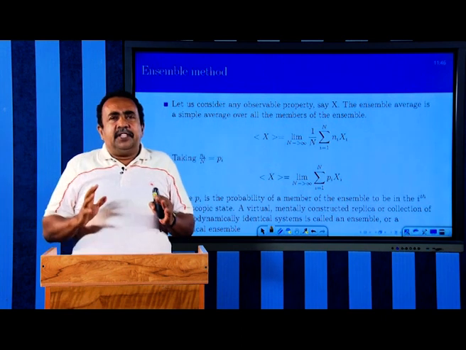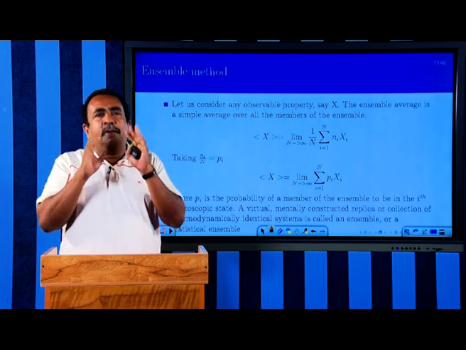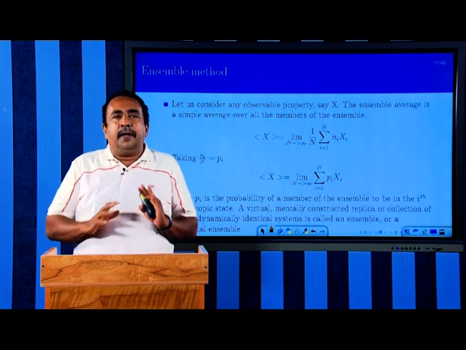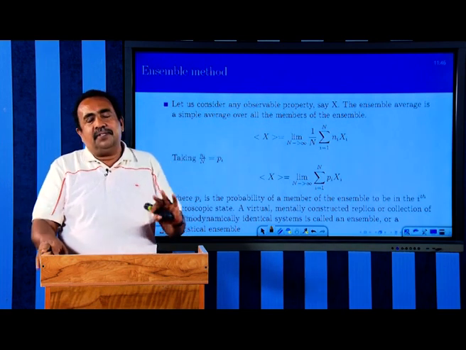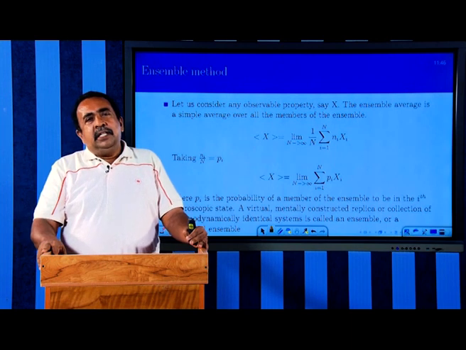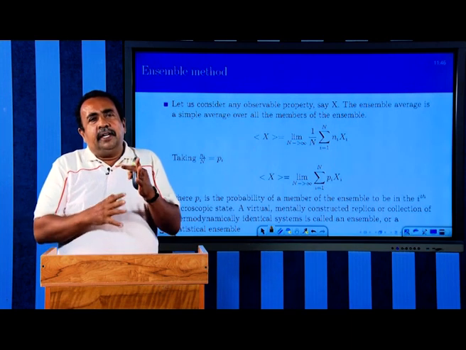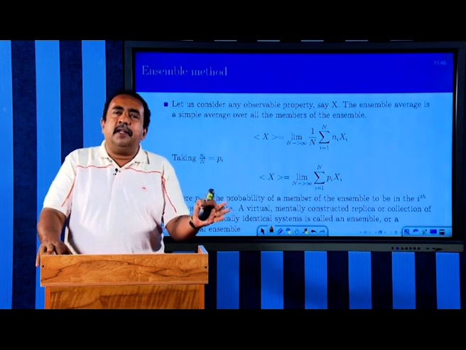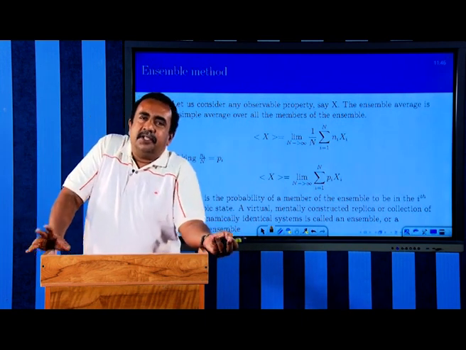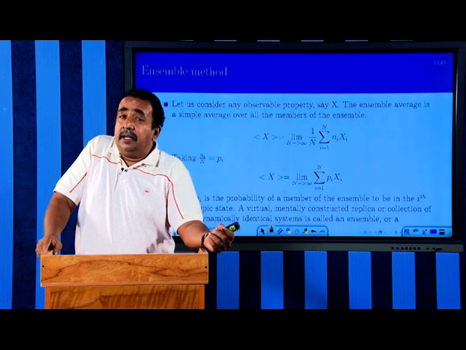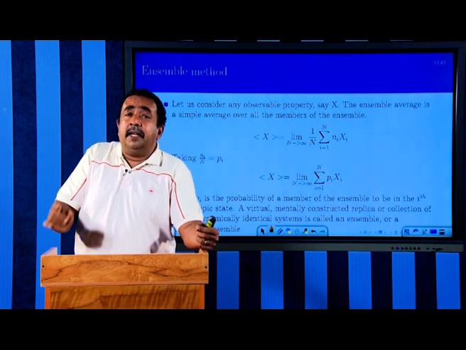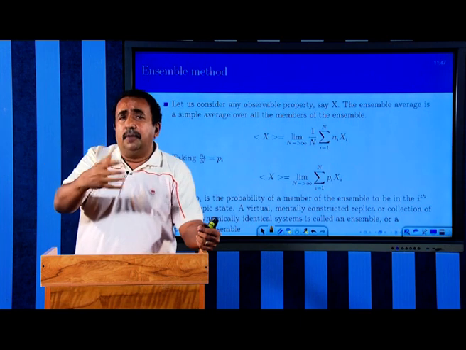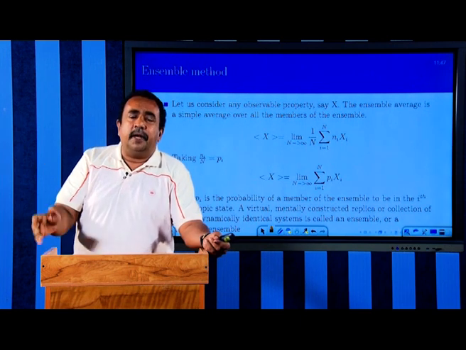The first technique is, if you are studying a system, keep the energy, volume and number of particles constant and then study the system. In another case, he kept temperature, volume and number of particles constant and studied the system. In another case, he took temperature, volume and chemical potential. Chemical potential is the work done to remove the particles, dW by dN.